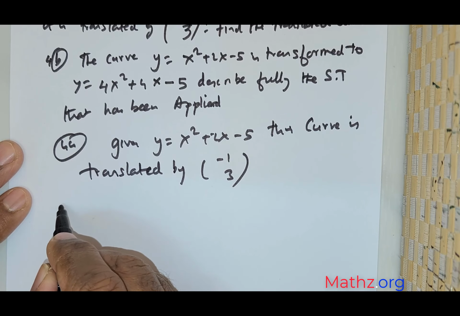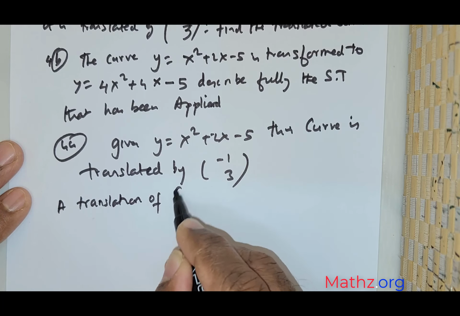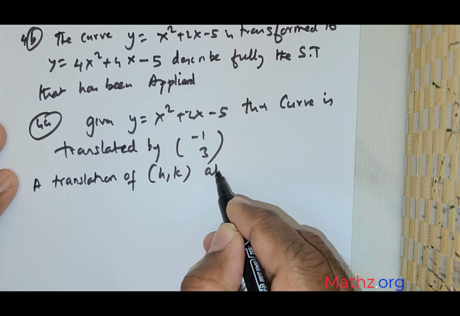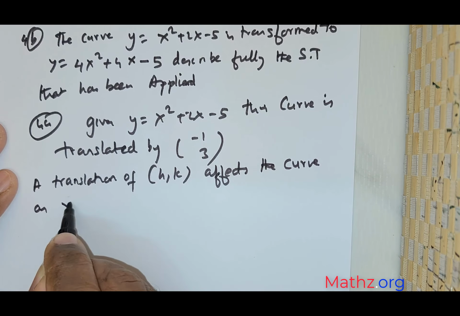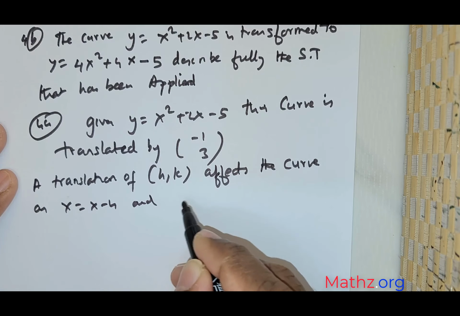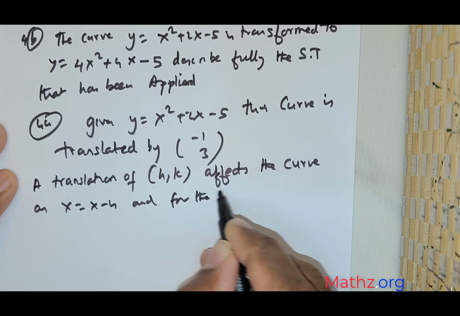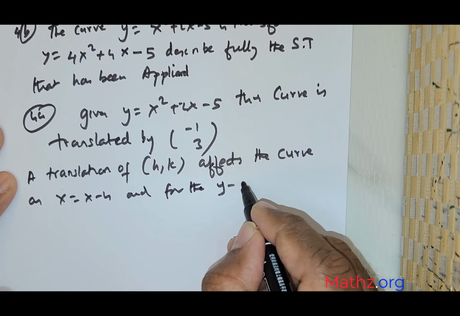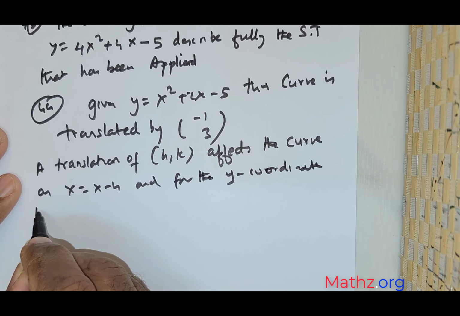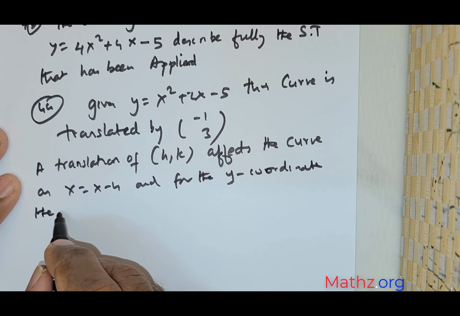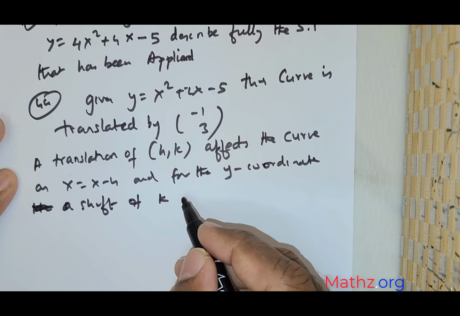Now, a translation of (h, k) affects a curve as x becomes x minus h for the x coordinate, and for the y coordinate there is a shift of k.